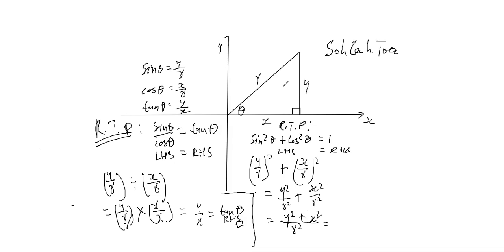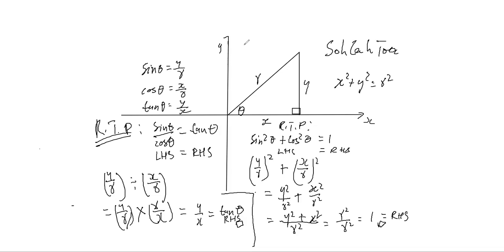In this triangle, what is x squared plus y squared? Well, Pythagoras tells us that x squared plus y squared is r squared. And therefore, I've got here r squared over r squared, and this is 1. Oh, this is what I wanted to prove. That's the right-hand side. And so, yep, that's it.